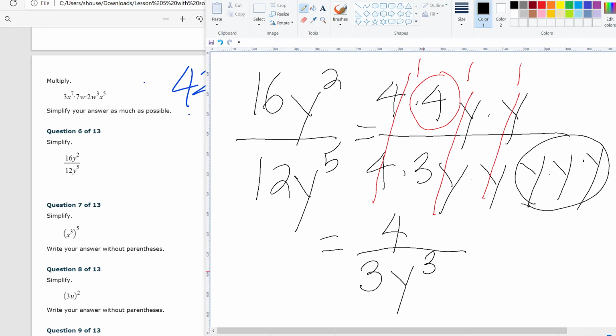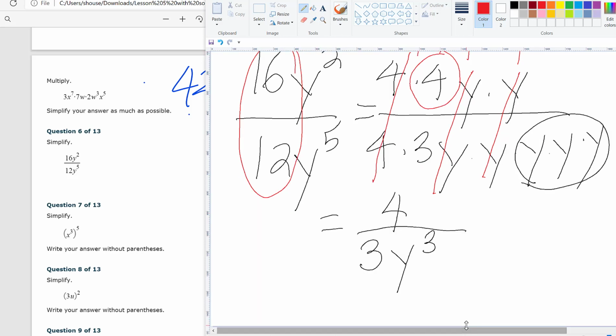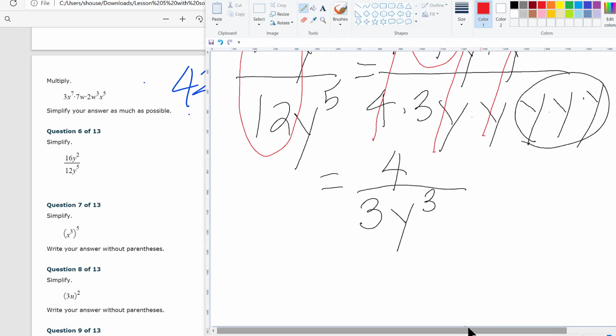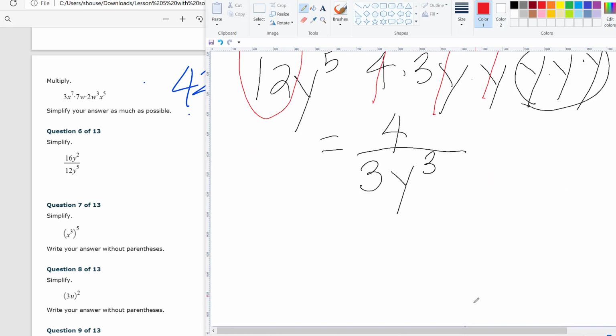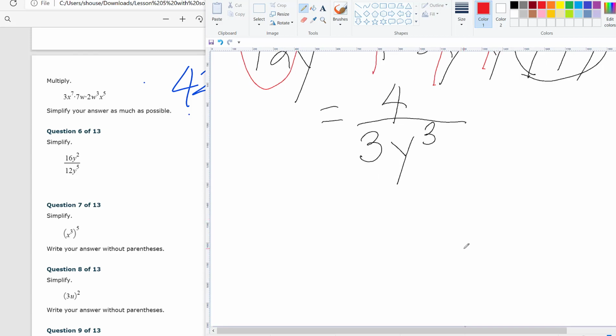So look what we really did. We reduced the 16 over 12 like it was a fraction. By the way, your calculator can also do this for you. Let me create some space here and show you the keys on your calculator. So this is for the TI-30X IIS that's required for the class.